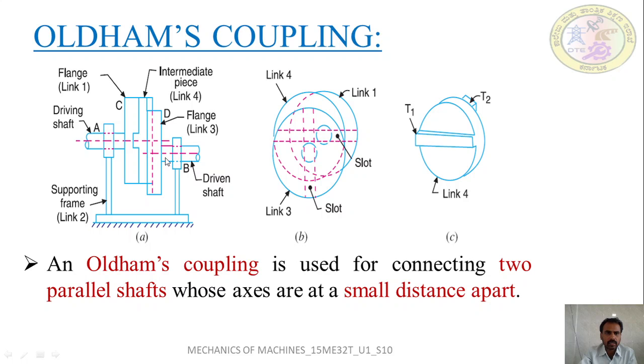Here, one is the driving shaft A and the other is the driven shaft B. Both are parallel shafts, and the axes of shaft A and shaft B are at a small distance. In such cases, Oldham's coupling will be used.